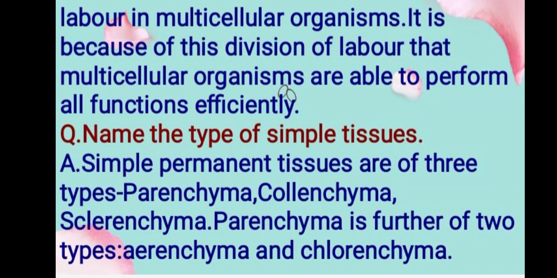Another question asks to name the type of simple tissues present in plants. Children, simple permanent tissues are of three types: parenchyma, collenchyma, and sclerenchyma. Further, parenchyma can be divided into two types: aerenchyma and chlorenchyma.